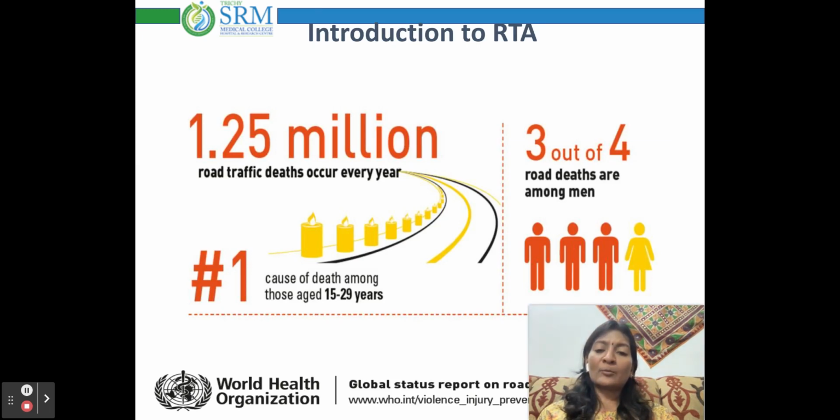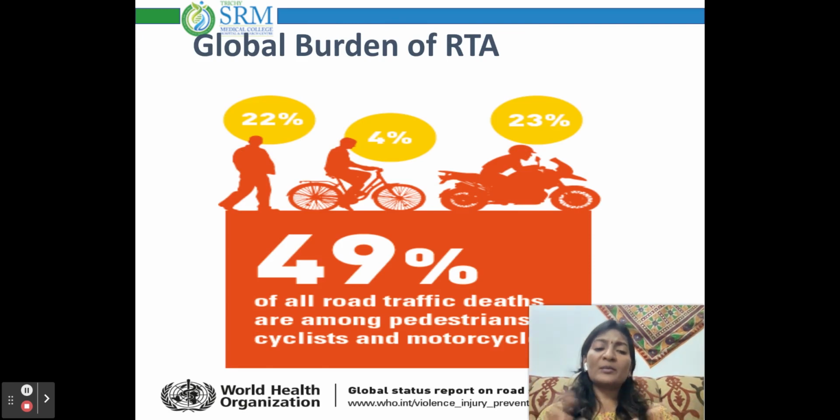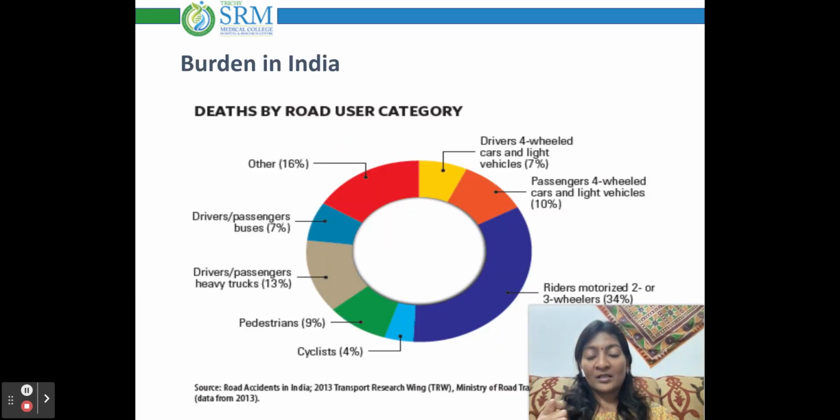So RTA causes almost 1.25 million road traffic deaths around the world every year, and 3 out of 4 road deaths occur among men. The global burden of RTA includes 49% of all road traffic deaths being among pedestrians, cyclists, and motorcyclists.